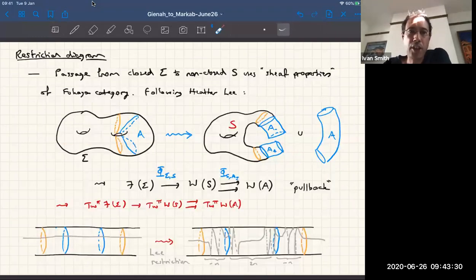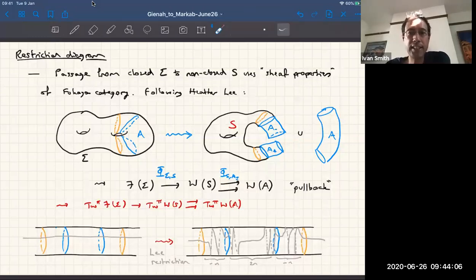So maybe the heart of what makes things work is work of Heather Lee, inspired by, now almost historical in the wake of all the subsequent work of Ganatra, Pardon, Chende and others, but in an early picture of the idea of sheafifying the Fukaya category, Paul wrote a short paper on covering things by pairs of pants and trying to build the Fukaya category from Fukaya categories of local pieces.